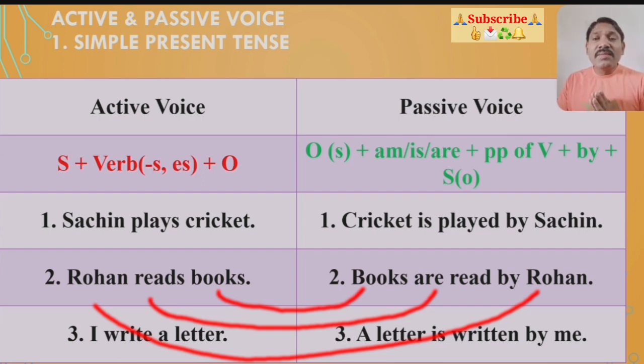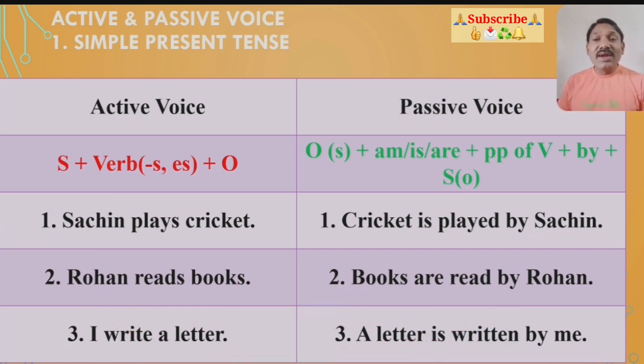Here books is in plural form. So what will it be in passive voice? Books is a plural noun, or plural subject, and according to that we have to select the auxiliary verb. So: books are read by Rohan. Read is the past participle of the verb. Okay student, have you understood?